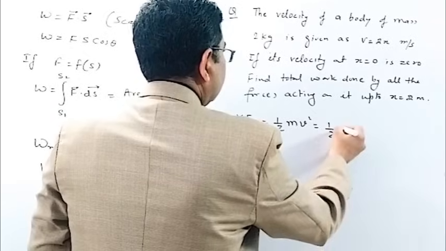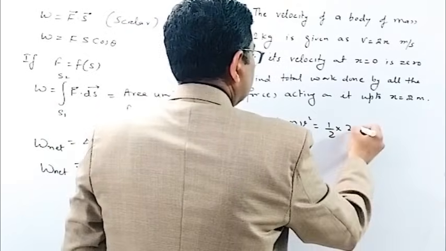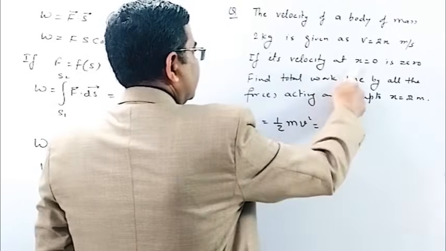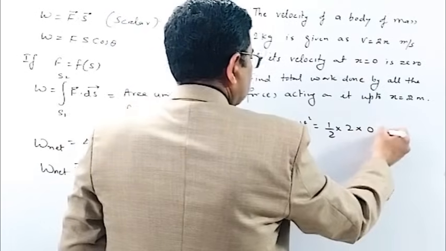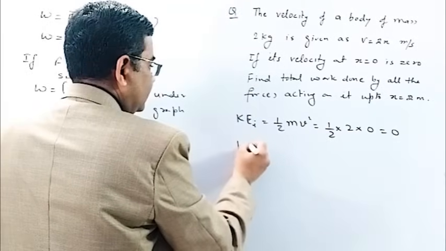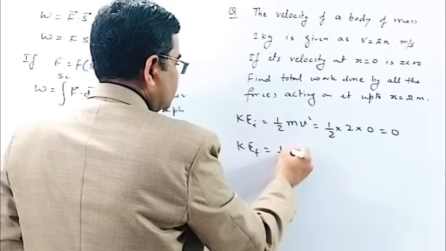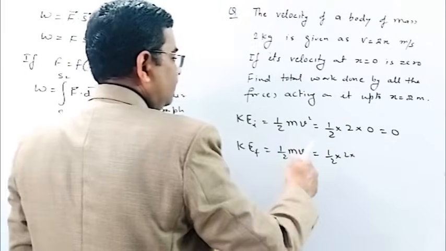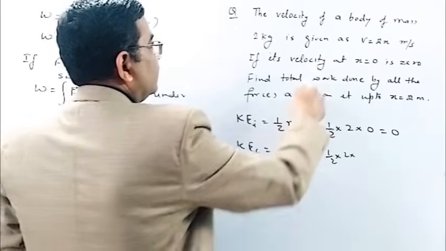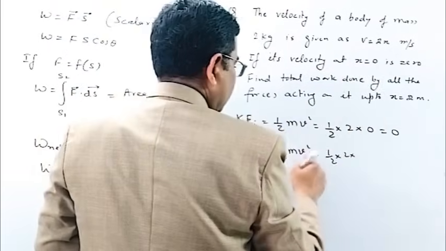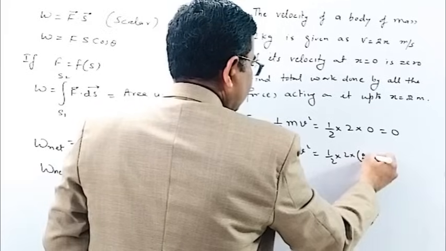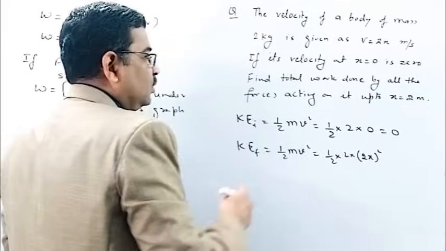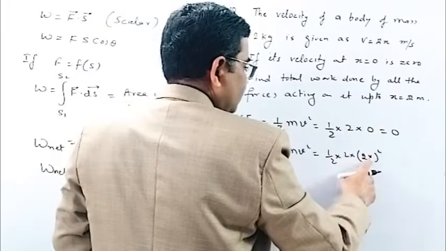So it is half into mass. Mass is given as 2 kg, and the initial velocity at x equal to 0 is 0. So this is 0, and the final kinetic energy is again half mv square. Now here half, mass is 2, and final velocity is given by the equation 2x. So I can substitute here. So it is 2x square, and I know the value of x is 2 meters, so I can substitute here.